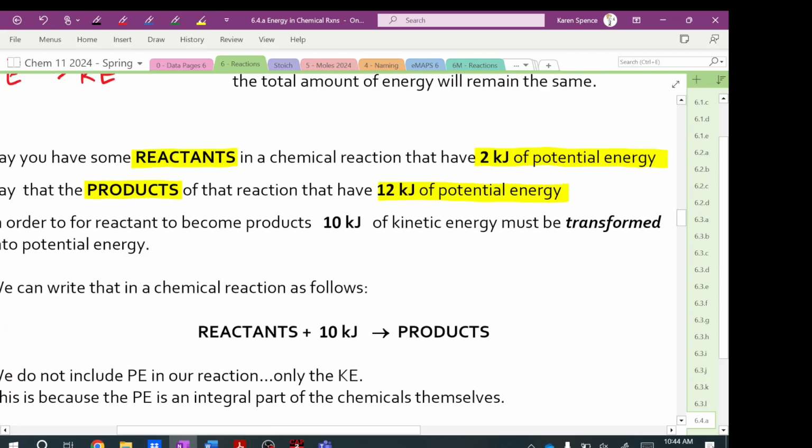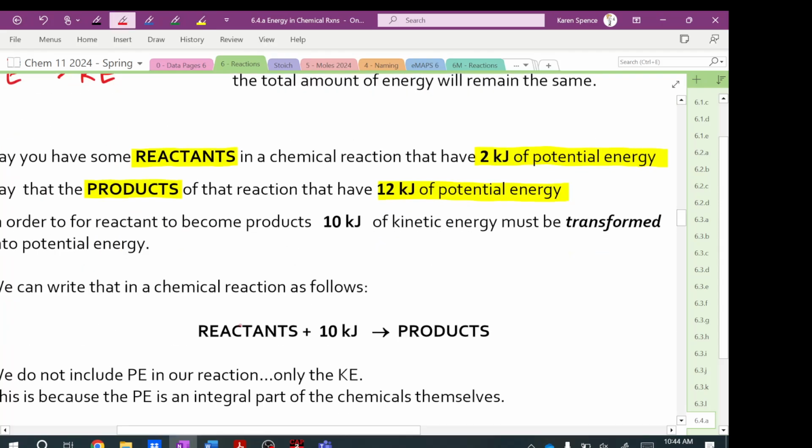So energy stored in the reactants and energy stored in the products is different. How did the products get an extra 10 kilojoules of energy?